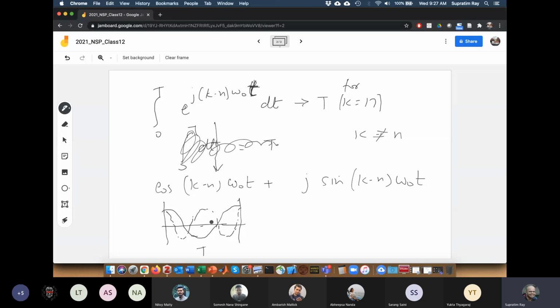Three will have 3 cycles, 4 will have 4 cycles. Likewise, this is sine omega naught t, this is sine 2 omega naught t, sine 3 omega naught t will have 3 cycles, 4 cycles, 5 cycles. But whenever you integrate it over the entire period, it's always 0, because whatever positive you have, the negative side takes care of it. So the integral over an entire period of either a cosine or a sine is just 0.